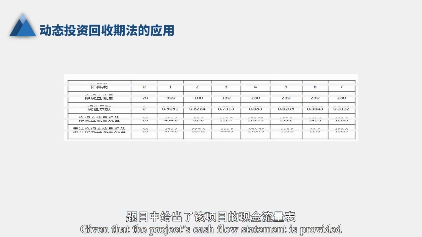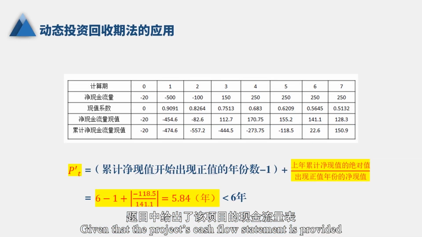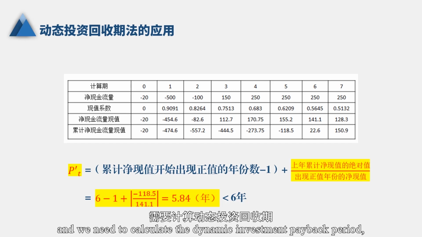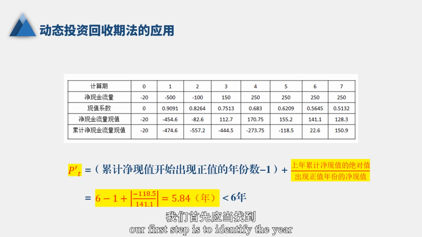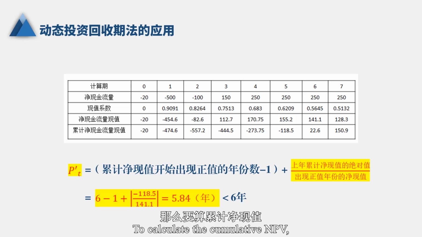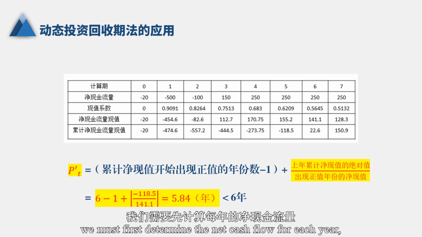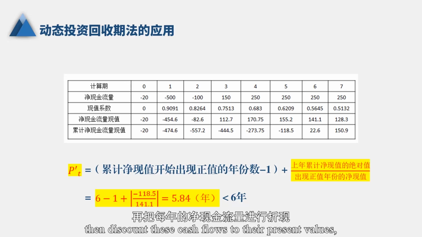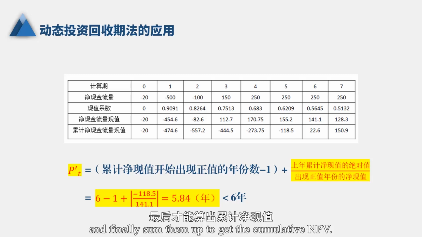Given that the project's cash flow statement is provided, and we need to calculate the dynamic investment payback period, our first step is to identify the year when the cumulative net present value NPV becomes positive. To calculate the cumulative NPV, we must first determine the net cash flow for each year, then discount these cash flows to their present values, and finally sum them up to get the cumulative NPV.